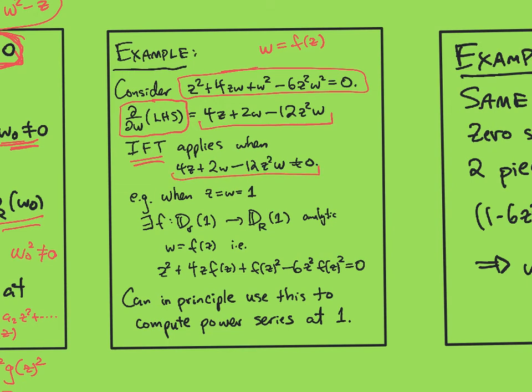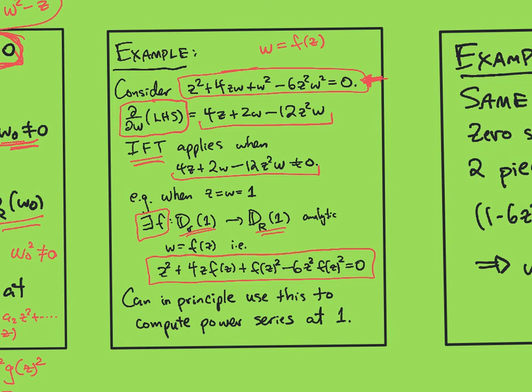So for example, if z and w are 1, this is non-zero, and I'm on the level set above, because if you plug in 1 for z and 1 for w, you do indeed get 0. So the implicit function theorem will say there exists an f mapping a neighborhood of 1 to a neighborhood of 1 that satisfies the given equation.